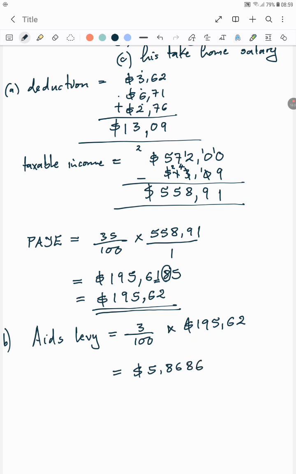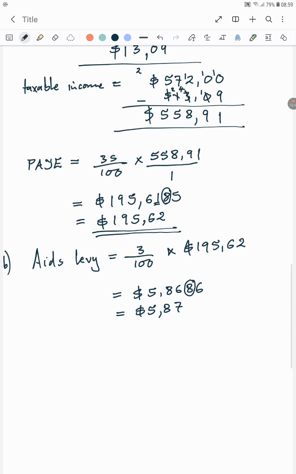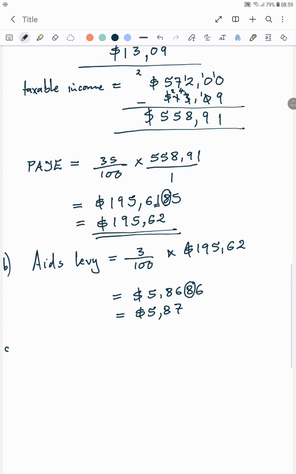So to the nearest cent, it's going to be $5.87, because we look at this and we round up to the nearest cent.